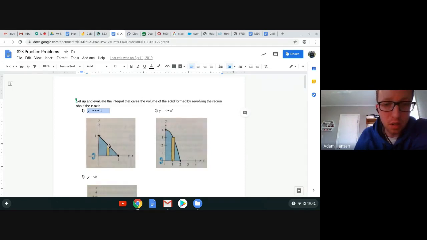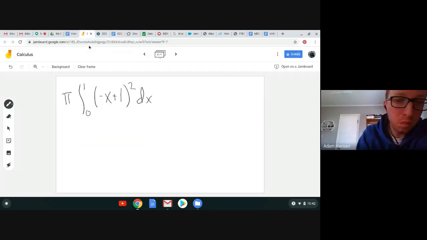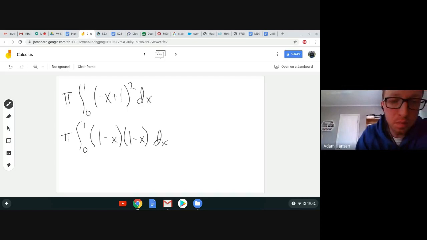The radius is a function in terms of x given as negative x plus 1 for values between 0 and 1. We'll go ahead and evaluate if you'd like to work ahead or follow along. Let's call that 1 minus x times 1 minus x dx.